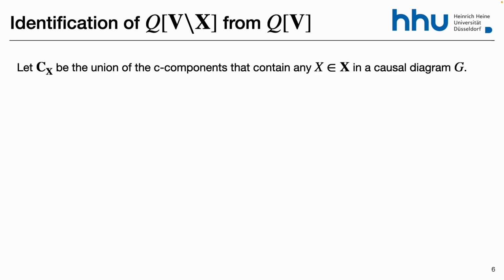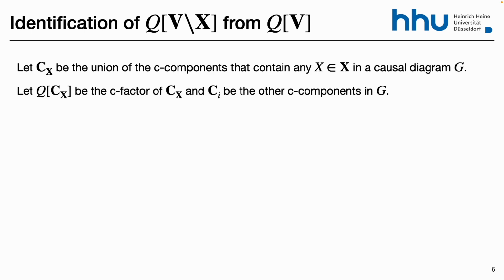Let's just show some notation. We denote C_X the union of all the C-components that contain a variable x in the set X. So it's the union of all the C-components that contain a variable x in the set X. Then we have the Q of this component, called Q[C_X]; it's going to be the C-factor corresponding to the whole union, C_X.